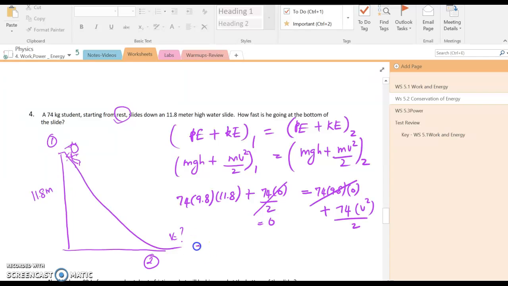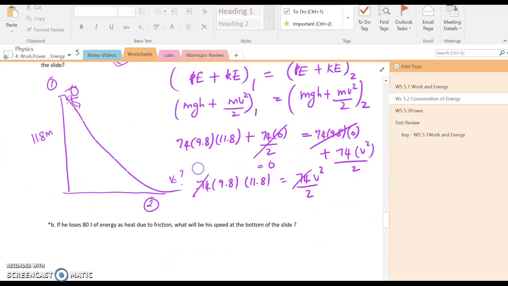So you can rewrite this as 74 times 9.8 times 11.8 equals 74 times v squared over 2. Well, notice that we can just cancel the mass on both sides. So that means in order to solve this problem, you don't need the mass. Even if the mass is not given, you could simply write m and m on both sides and then cancel it out.